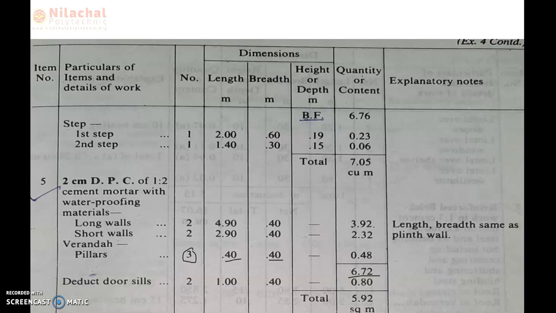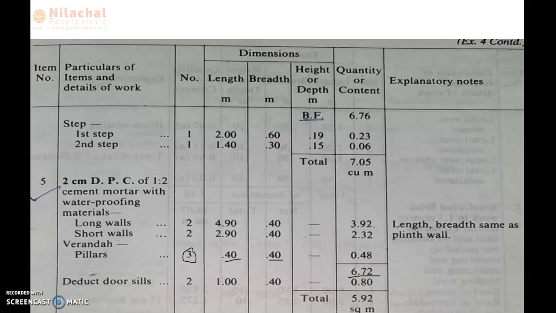We know in case of door sill level, where the door is constructed, no DPC work is provided. DPC work is provided below the superstructure wall only. Here the door is an open structure, so no DPC work is used in case of the door.